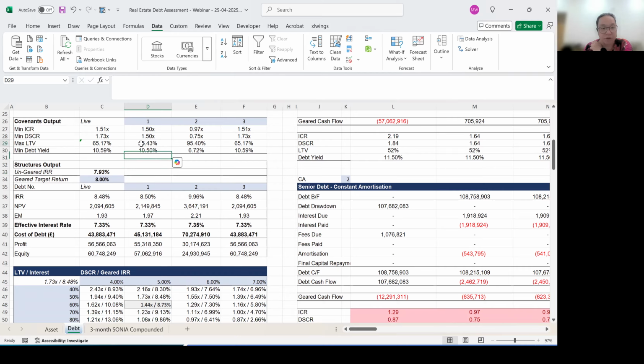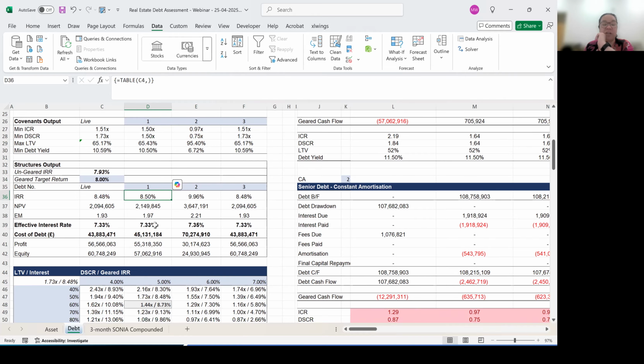Another thing that is very important here is the comparison between your ungeared IRR and your cost of debt. So in this case here, your ungeared IRR is 7.93%, but then your effective cost of debt is lower than that. So what's going to happen is that this is going to be like an enhancing return scenario.